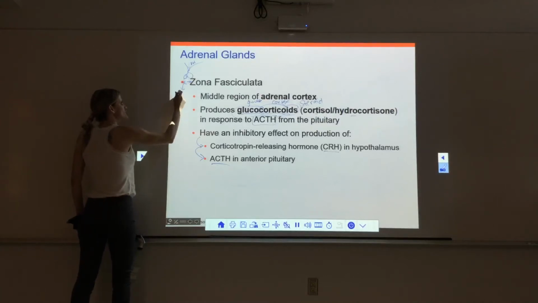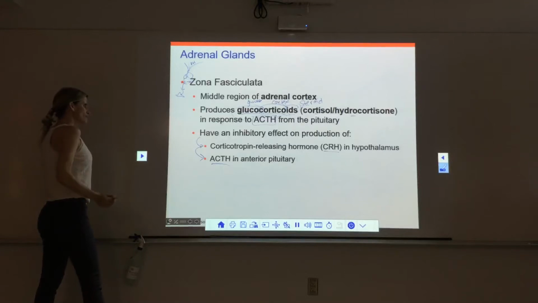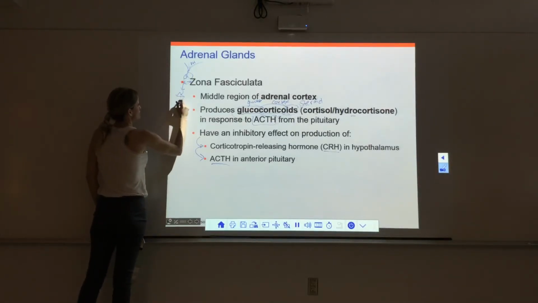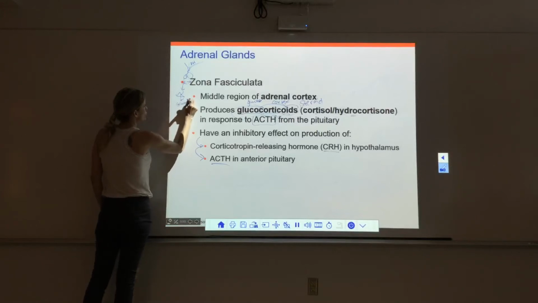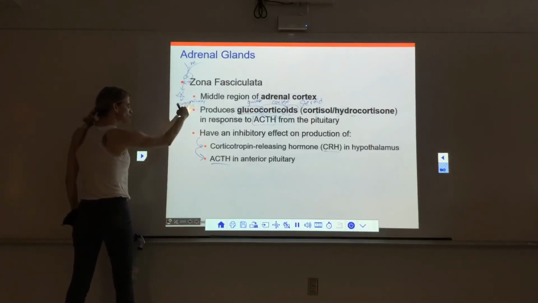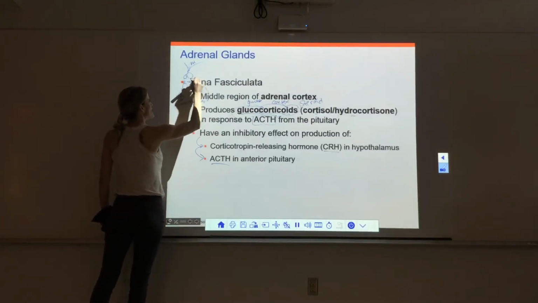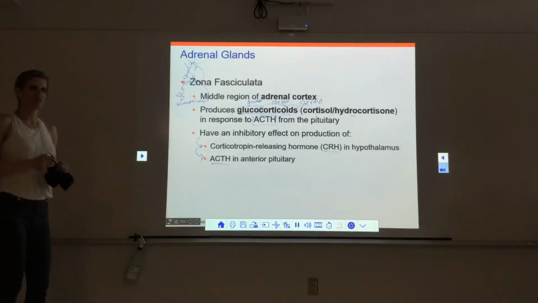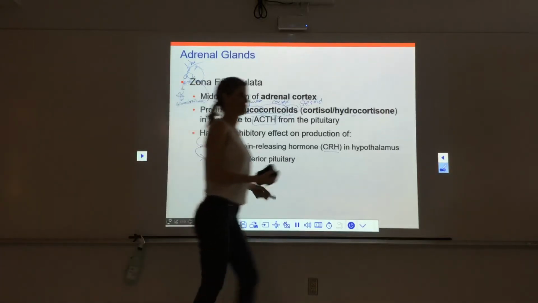That ACTH comes to the middle region of the adrenal cortex and tells it to release the glucocorticoids. And so that's our pathway. If we have a bunch of glucocorticoids in the bloodstream, they're going to come up and inhibit this and inhibit this, right? Because we don't want to keep stimulating them if we already have a bunch. That's that negative feedback that we keep seeing.